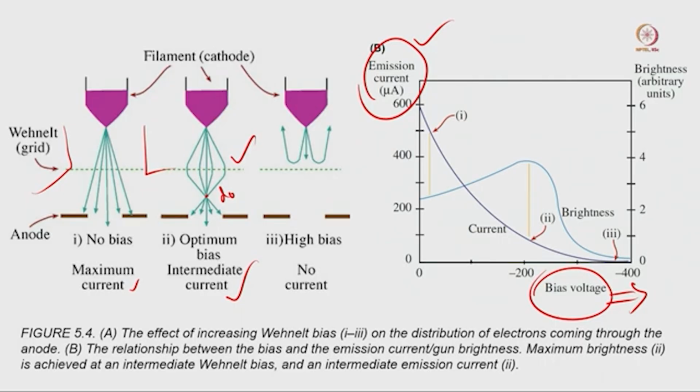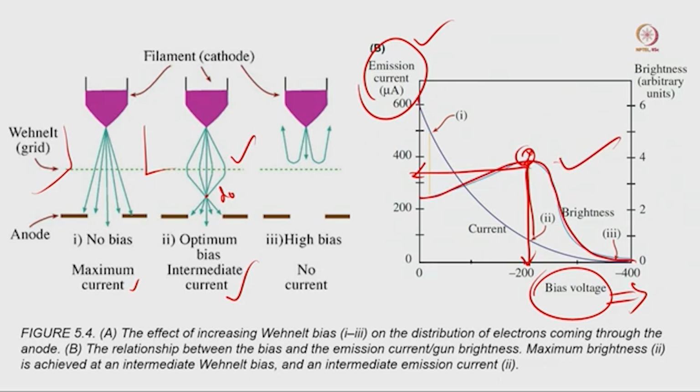Probably not. So this is the relationship for the brightness. At the beginning, the emission current starts from here, and with the bias voltage, you will get the maximum brightness somewhere here, where you have some kind of bias voltage and some kind of emission current. This is the curve showing the brightness.